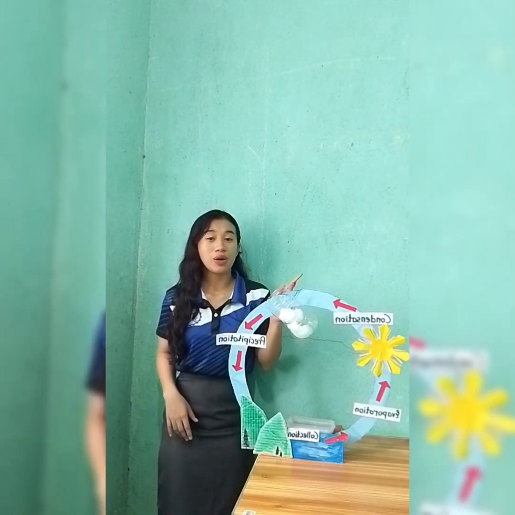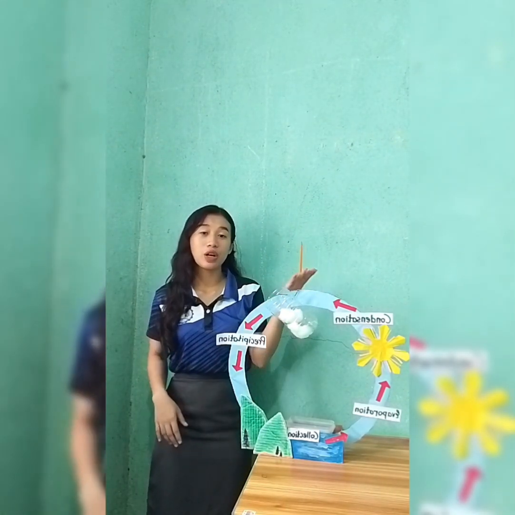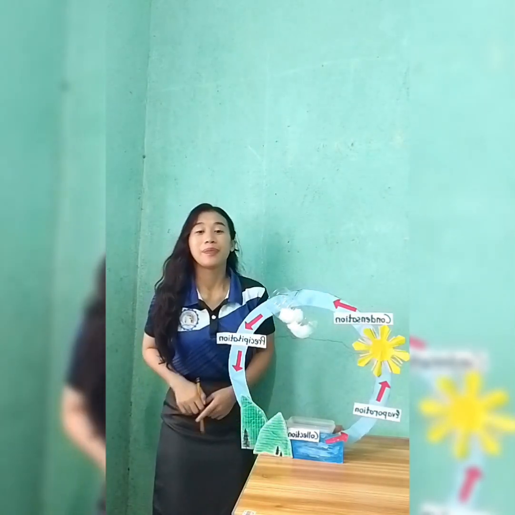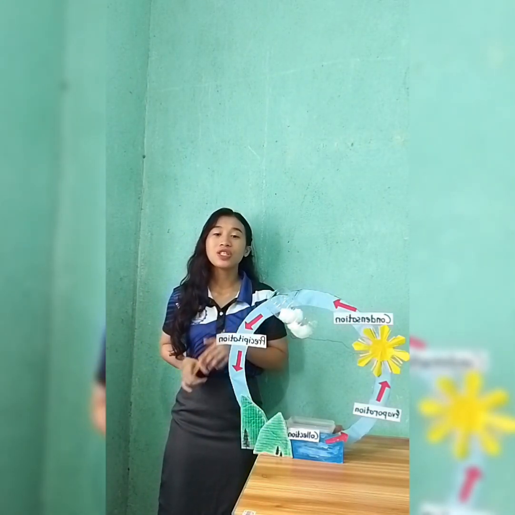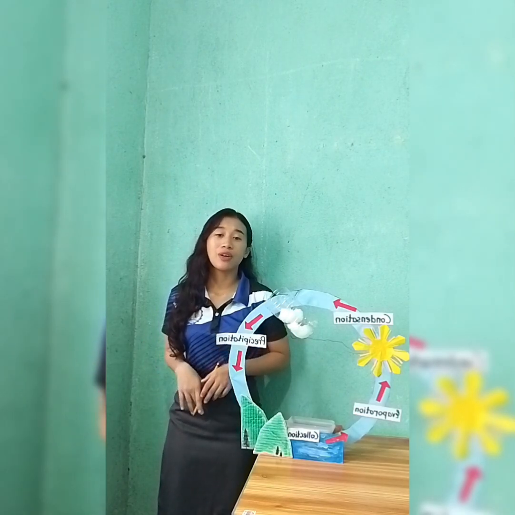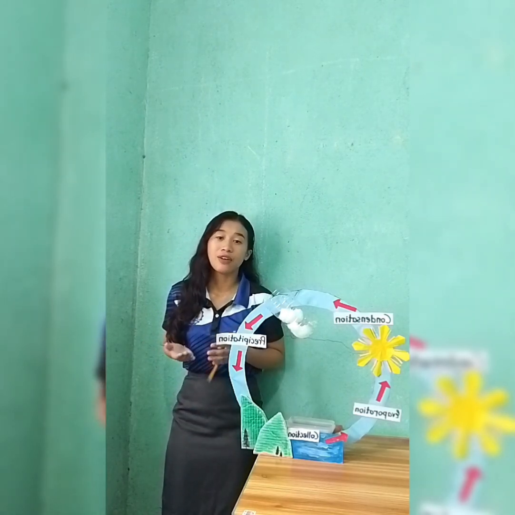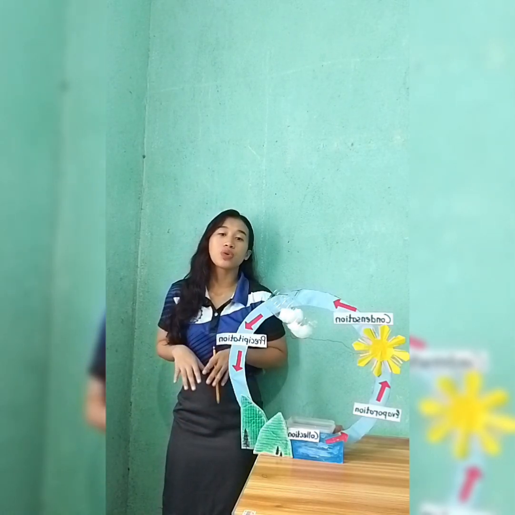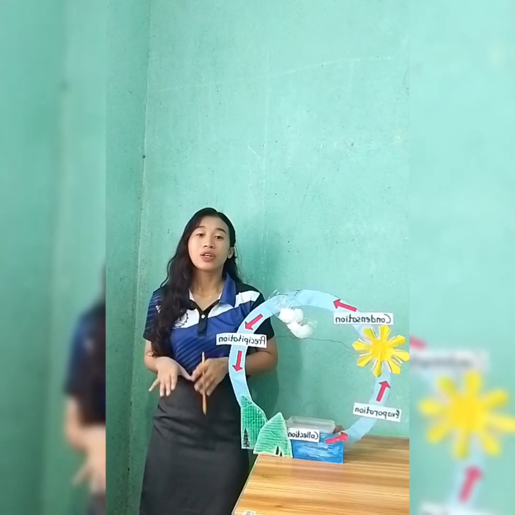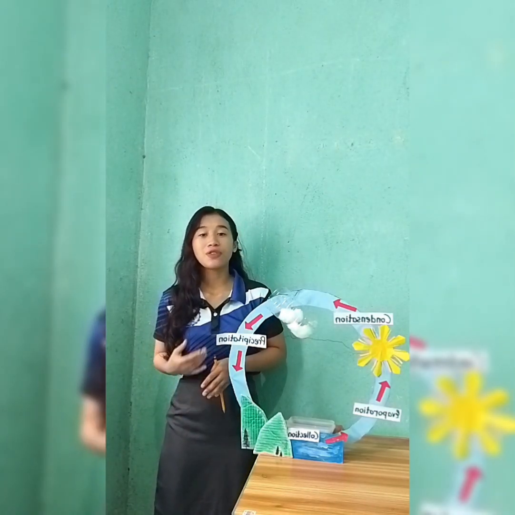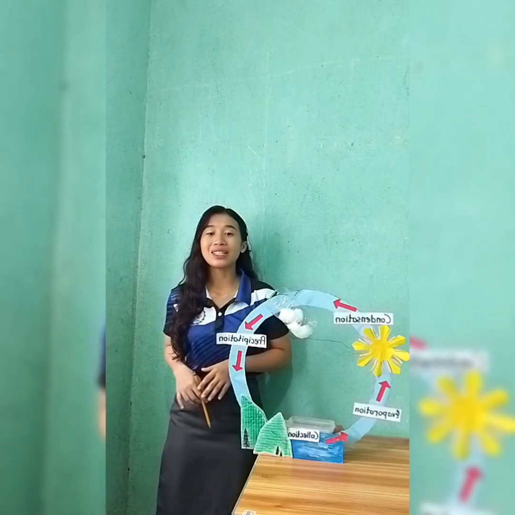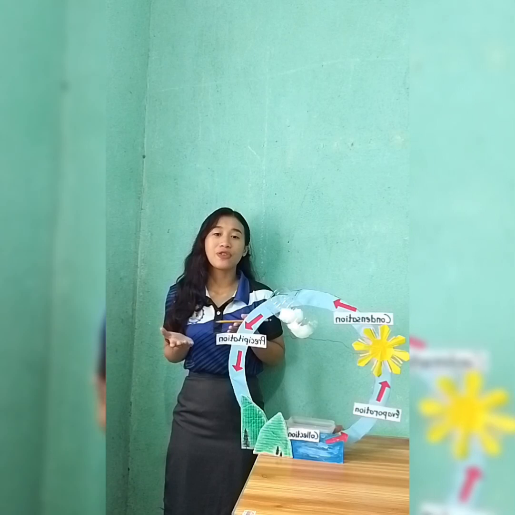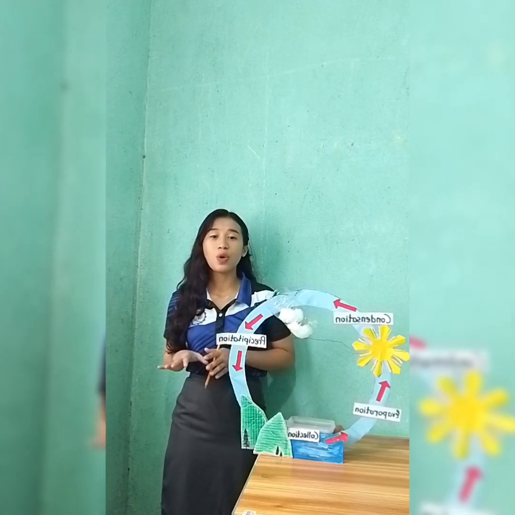But the question now is, where does precipitation go? Some of it soaks into the ground, becoming groundwater, which is a vital source of drinking water for us human beings, and also for plants and animals. Some flows over the land as runoff, creating streams and rivers that eventually flow into lakes and back to the ocean. Some even freezes into glaciers and snowpacks.